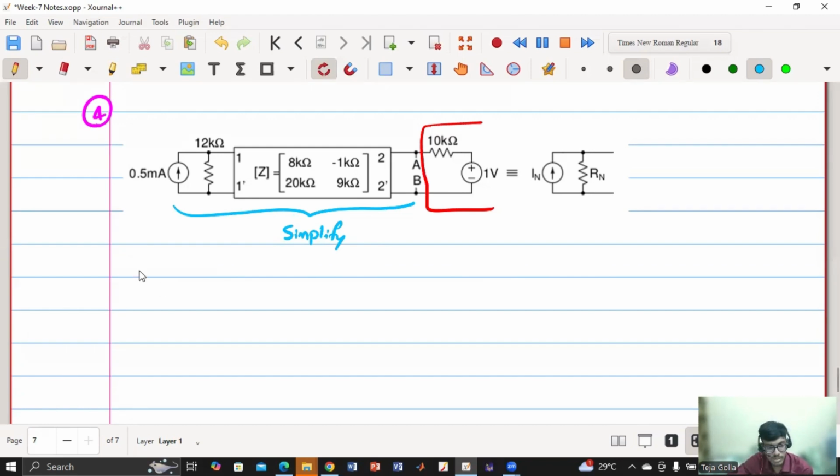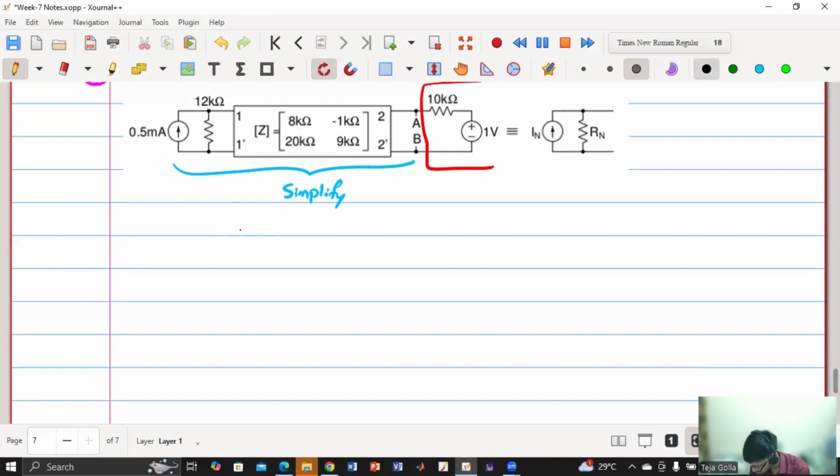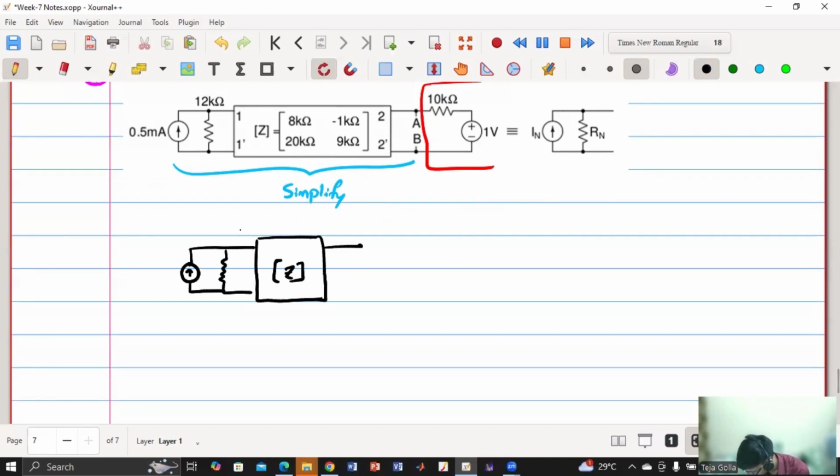So now let me just redraw this circuit. We have a network which is given in terms of Z parameters, right? And here there is a resistance, and here it is excited with a current. Here I have considered these are my two terminals, 2 dash or AB, and this is 1 dash.